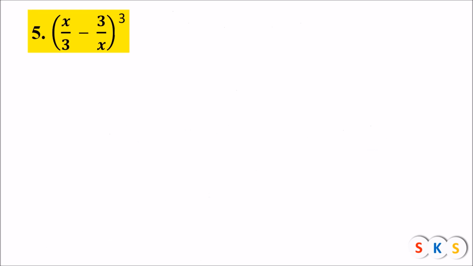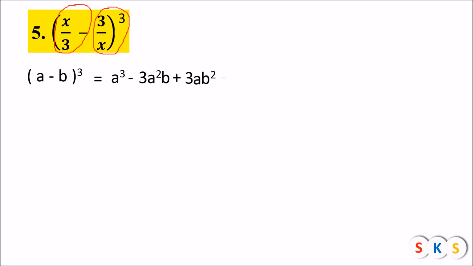Now here we have question number 5, x upon 3 minus 3 upon x the whole cube. Over here this is your first term, that would be a, and this is your second term, that would be b, and this question is in the form of a minus b the whole cube. So we will use the same formula. a minus b the whole cube equals a cube minus 3a square b plus 3ab square minus b raised to 3.